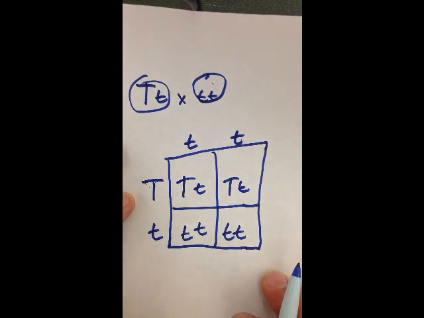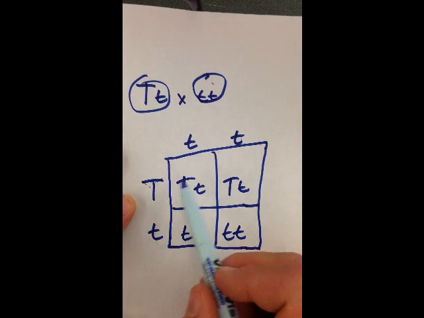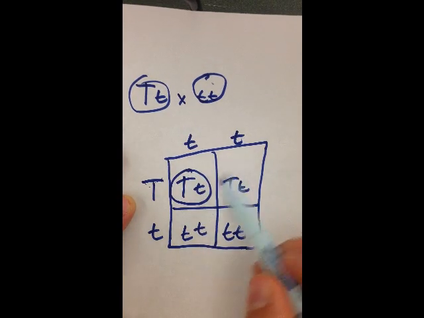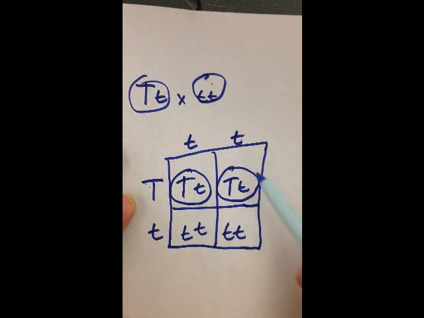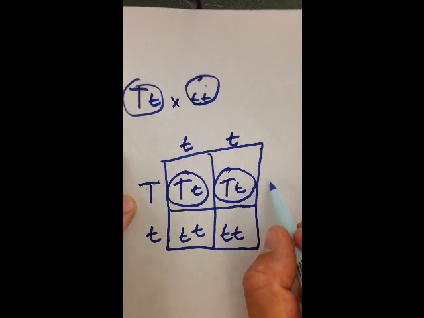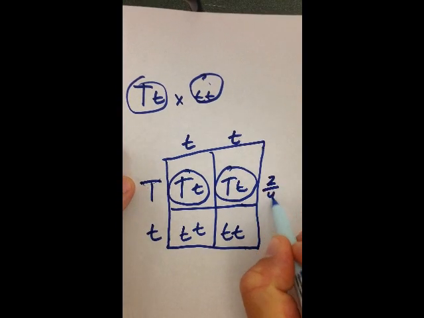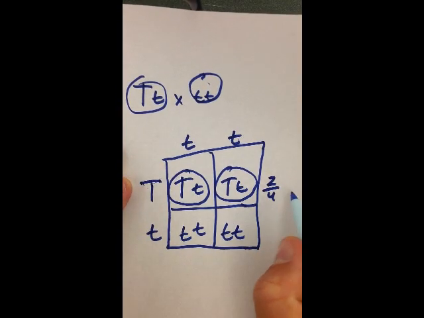If you look here and you start to understand what the genes mean, these two would be tall plants because they have the dominant tall gene. So we would have a 2 out of 4 chance to be tall. 2 out of 4 chance to be tall.